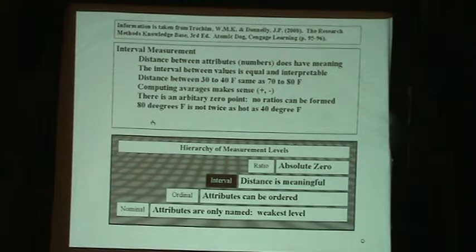So we can make no ratio comparisons. We will see this kind of data a great deal, interval data, in social and educational research. And computing averages and means and modes and standard deviations, those are appropriate for interval data.